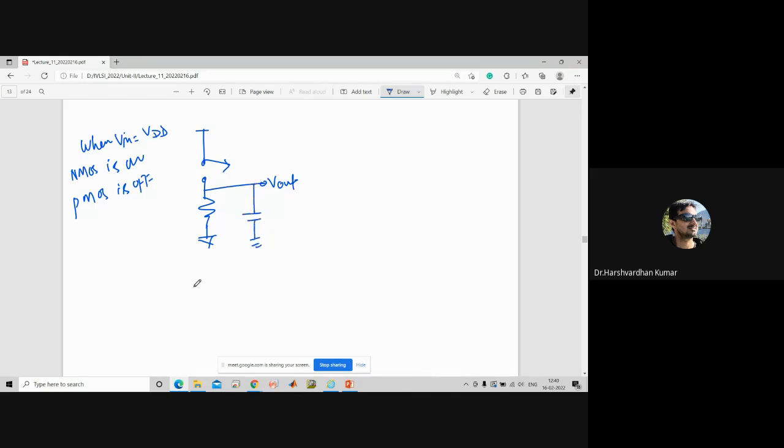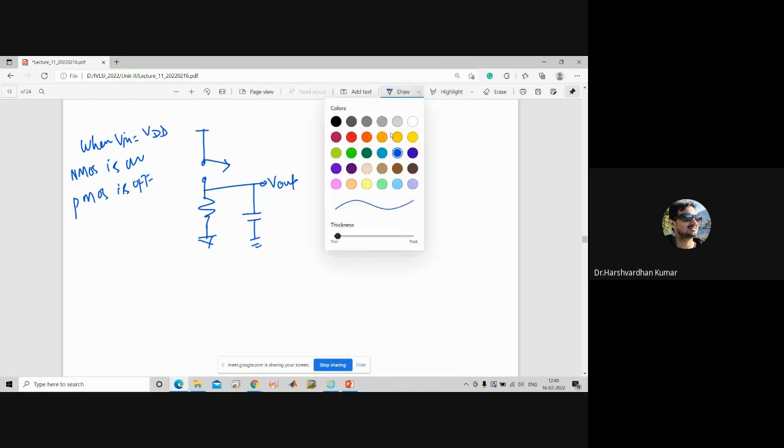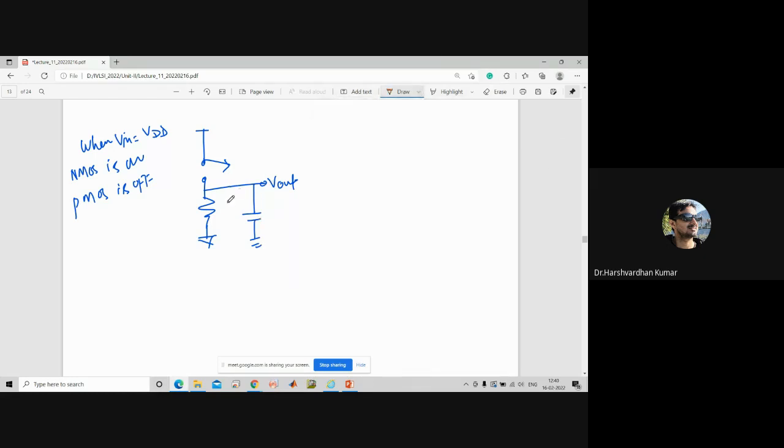Which path will it follow? Or you can say that the capacitor will discharge or charge. In this case, let us say this is R1, Rn. What will happen in this case? Yes, discharge, very good.